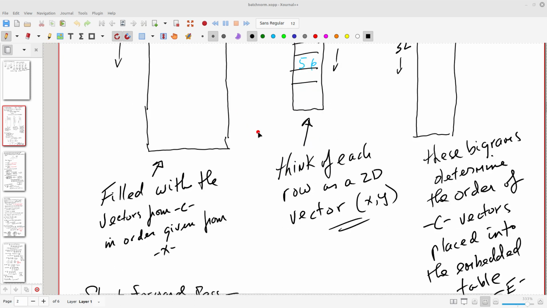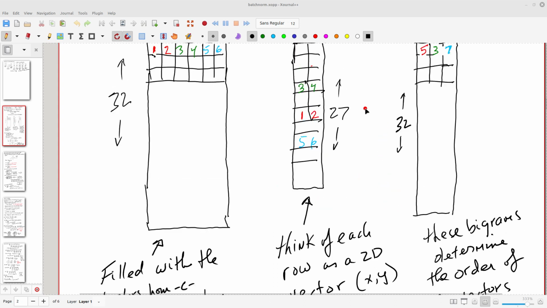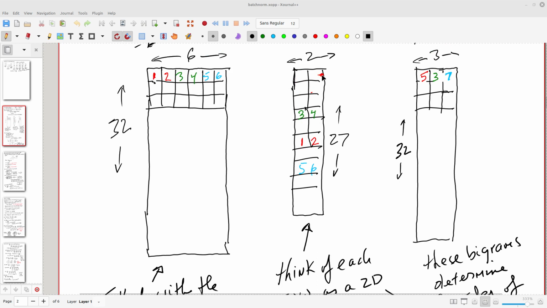Okay, so you can think of it filled with the vectors from C. Think of each row as a 2D vector because we're using 2 dimensions, so each one is like an XY vector. In the examples that I'm doing later, we're using 10 dimensions, so this is really 10 by 27.